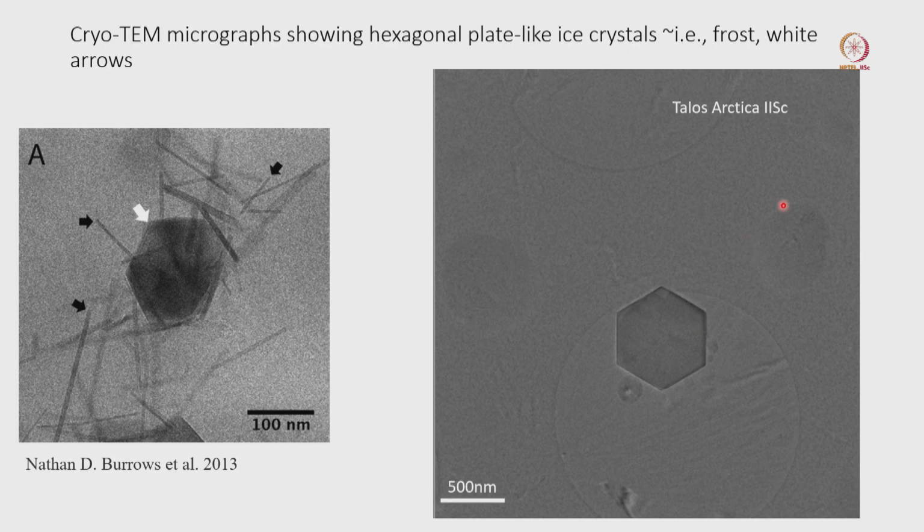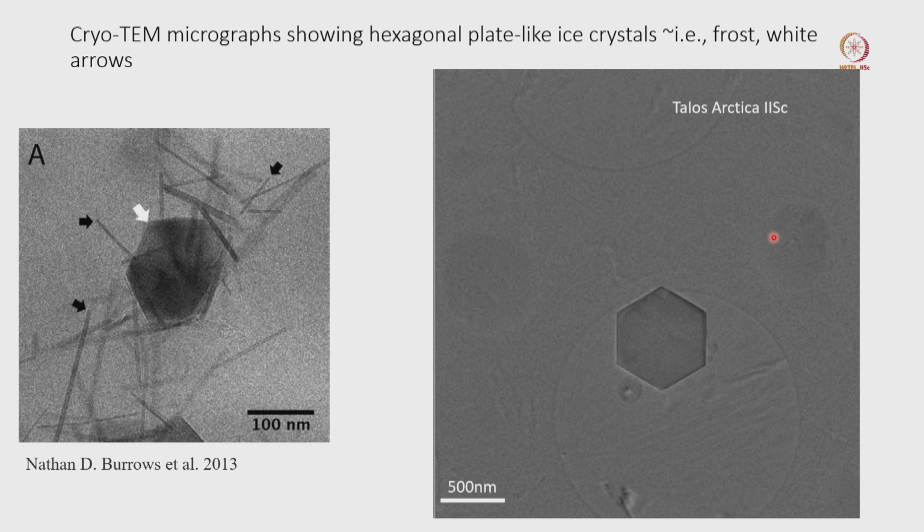Why are we getting this kind of ice? There are a couple of reasons. Whenever we are handling our grid, we are plunging it into liquid ethane. Then from the liquid ethane we transfer it to liquid nitrogen, then we store it in a liquid nitrogen dewar for some time, and then we take the same grid to clip it and insert it inside the microscope.